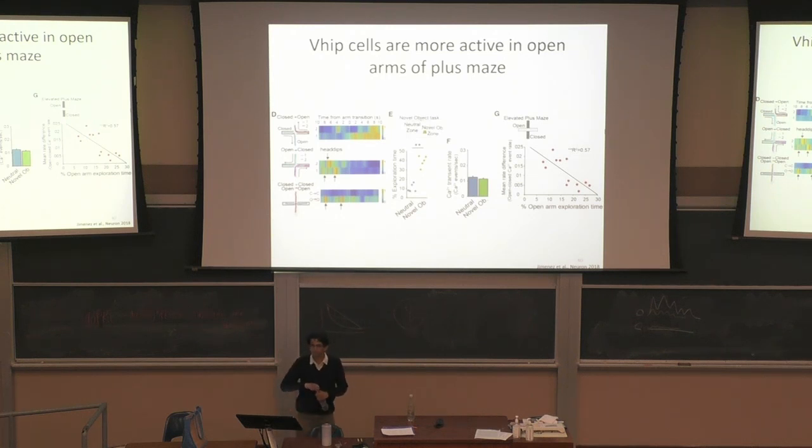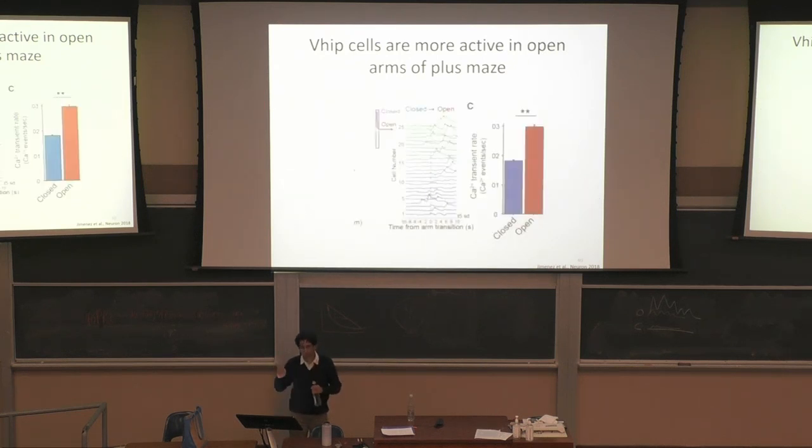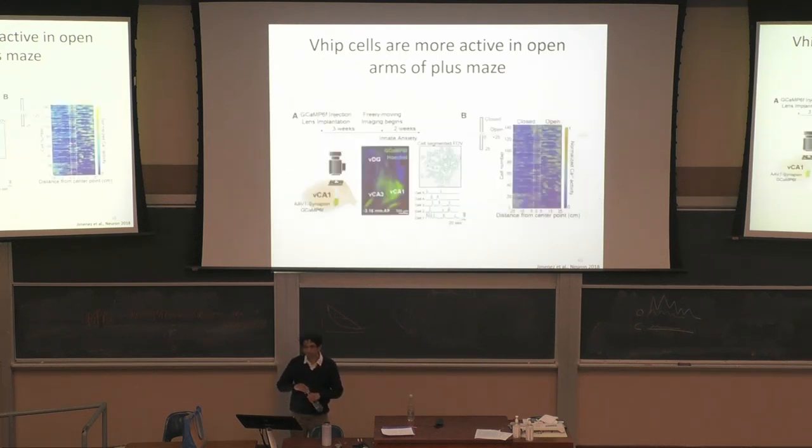Two slides ago, when you showed the fluorescence of the ventral CA1, there are also some correlations within the CA3 for the phosphorylated GF3 there. Does it also correspond to the ventral hippocampus being active during the open arms, or is it just the CA1?